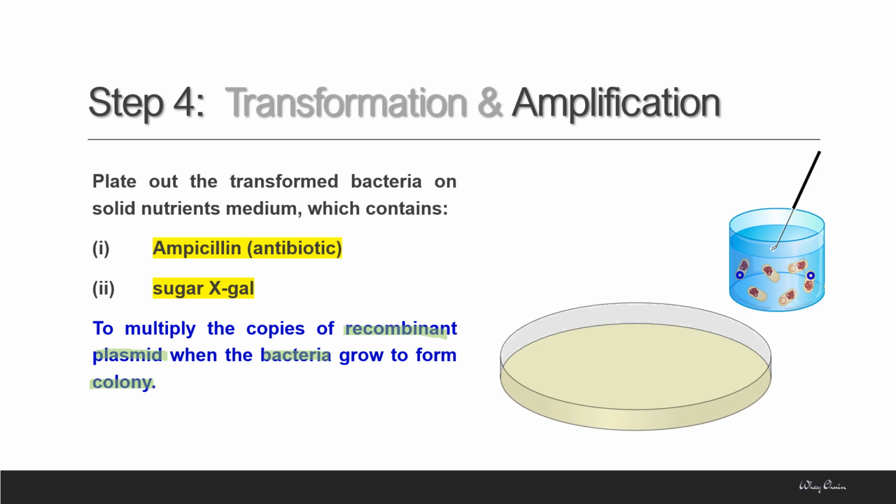So scientists will prepare a solid nutrient medium which contains the antibiotic ampicillin and also the nutrients for the bacteria to grow, sugar and agar. Here is a simulation of how the bacteria can be transferred from the solution into the agar plate, and then we culture it in an incubator.